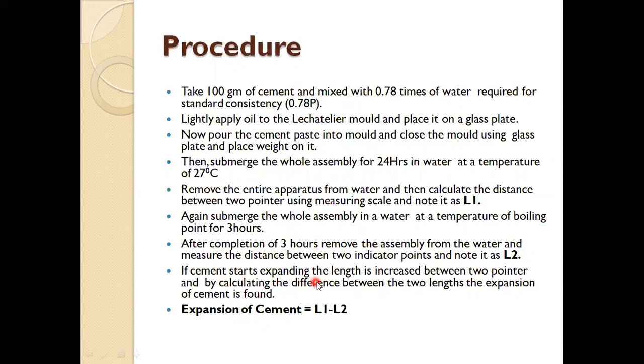If the cement starts expanding, the length between the two pointers increases, and by calculating the difference between the two lengths, the expansion of the cement is found. If the cement shows expansion, then there is a change in the length of the pointer, that is, there is a change in length before boiling, before placing the apparatus into the boiling water, and after removing from the boiling water, that is L1 and L2.